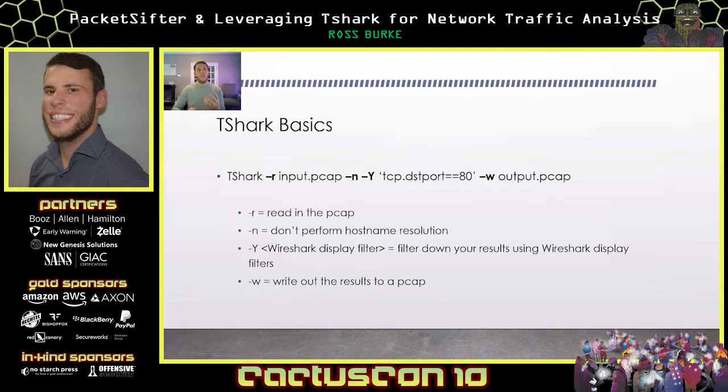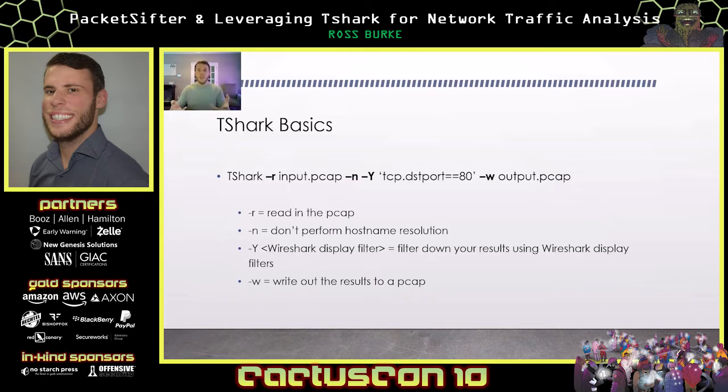We're going to read in our input, which is -r input.pcap. That reads in our input file. The -n is saying I don't want to perform hostname resolution, which I think by default your TShark and Wireshark profile won't do, but just to be safe, I always put that in there because you don't want to poke the bear.